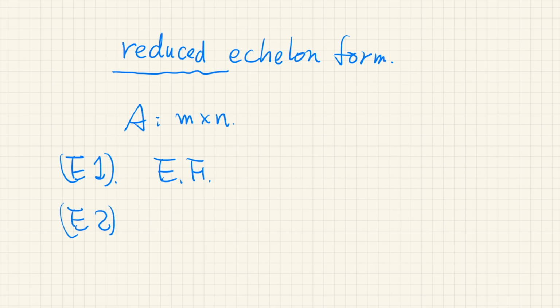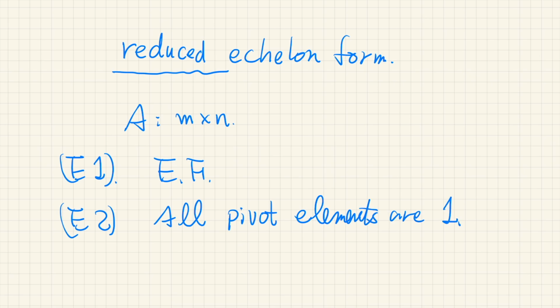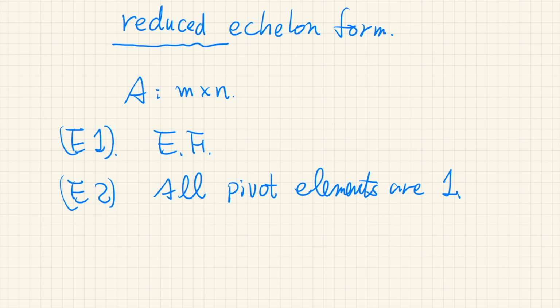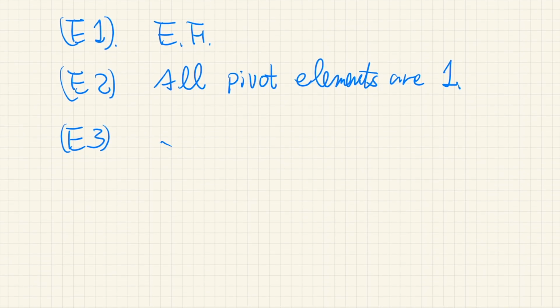And second, all pivot elements are ones. Remember, a pivot element is the leftmost non-zero element in the rows that contain non-zero elements. And third, that is easier to explain by picture.